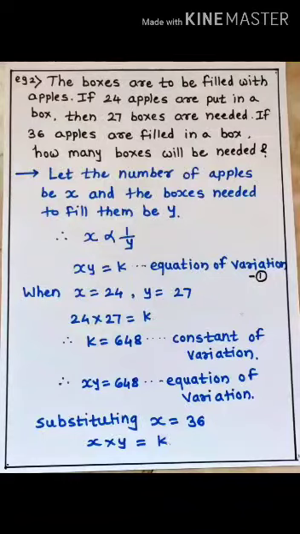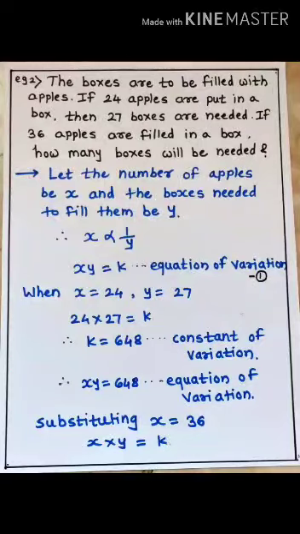The boxes are to be filled with apples. If 24 apples are put in a box, then 27 boxes are needed. If 36 apples are filled in a box, how many boxes will be needed? Solution: let the number of apples be x and the boxes needed to fill them be y.